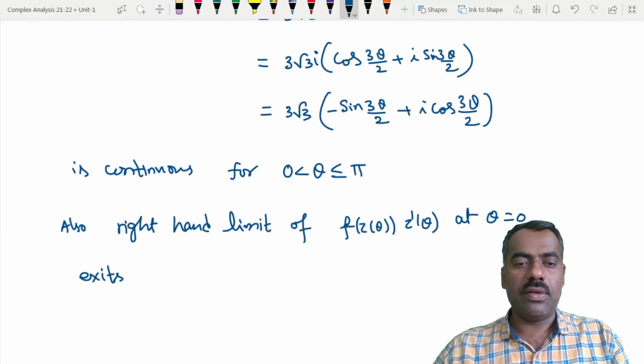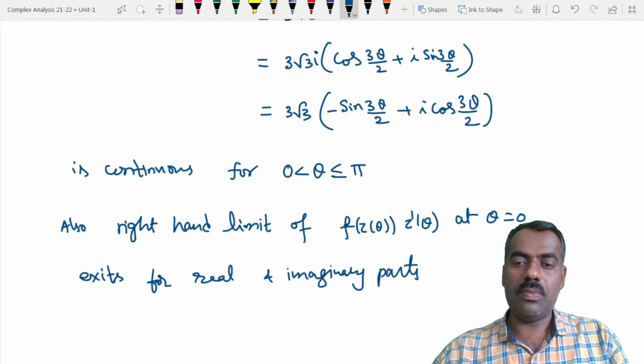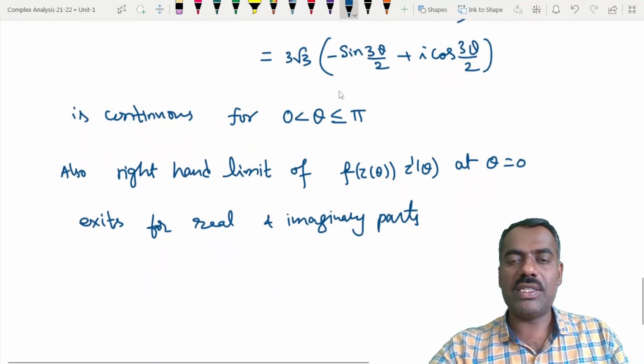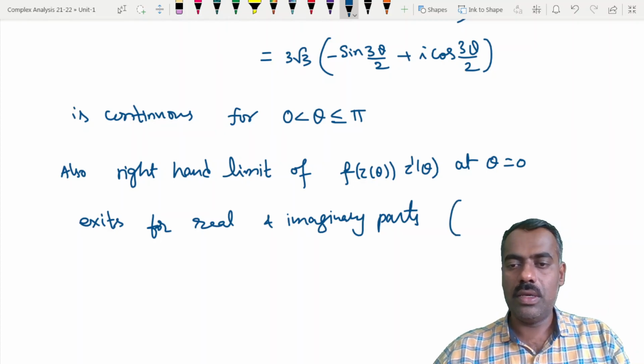okay, for real and imaginary part, which are obviously, what are they? For real part it is 0, and for the imaginary part this is 1, so you have 3 times root 3. Okay, limits are 0 and 3 root 3, right?